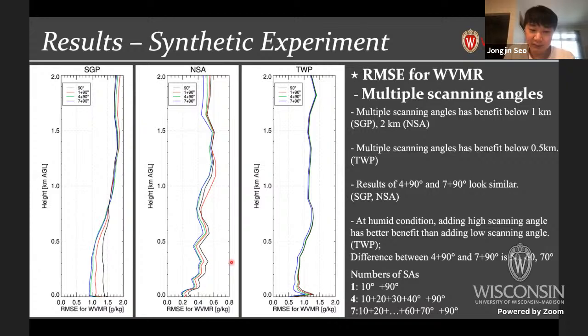But different from those 2 sites, at TWP site, the 70 plus zenith shows better performance than the low angles, because at humid conditions, adding high scanning angles has better benefits than adding low scanning angles. So these are the results about vertical structure of temperature and water vapor mixing ratio.